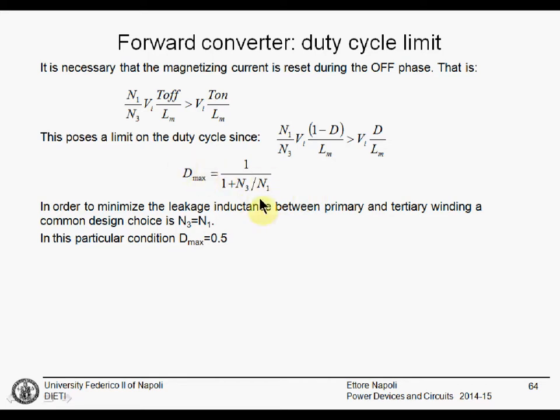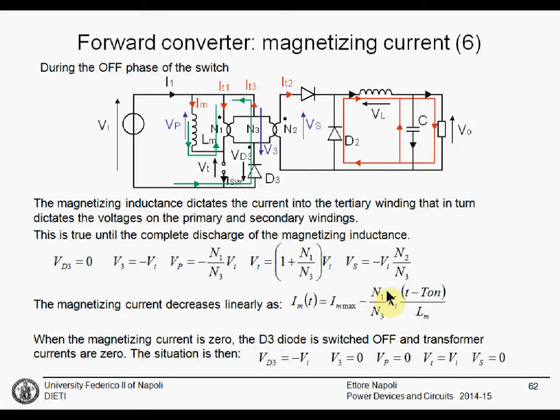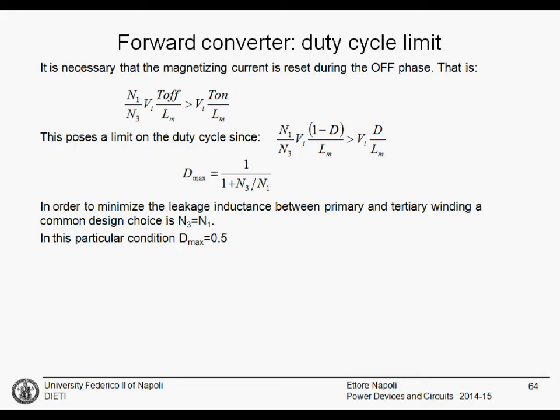We can understand that we can increase the duty cycle, increasing N3 with respect to N1, because the discharge rate, as you can see, should be proportional to N3. Maybe there is an error here. No, it's the opposite, sorry.